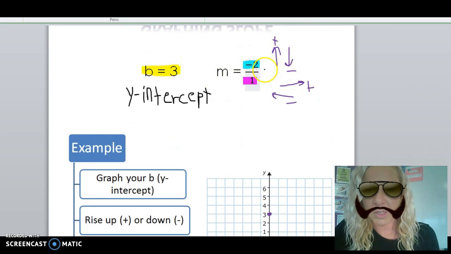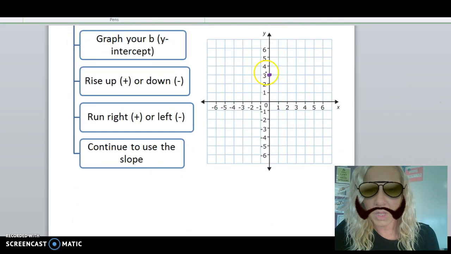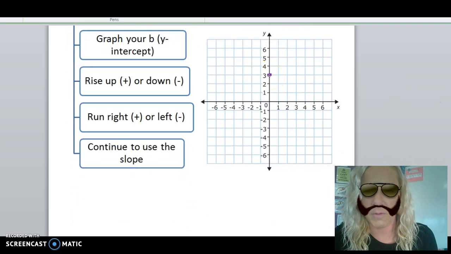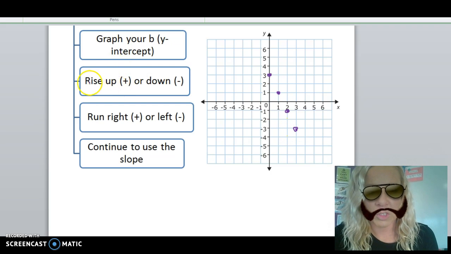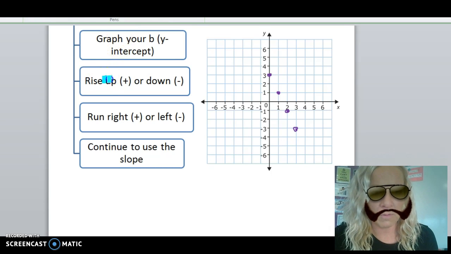And then I'm going to graph my slope, negative 2 over positive 1. So because my rise is negative, I'm going to go down 2 and over 1, down 2 over 1. And I can keep graphing my points. So again, you're going to rise up if it's positive, and down if it's negative.